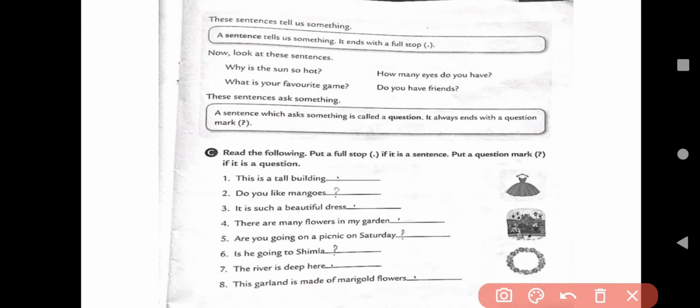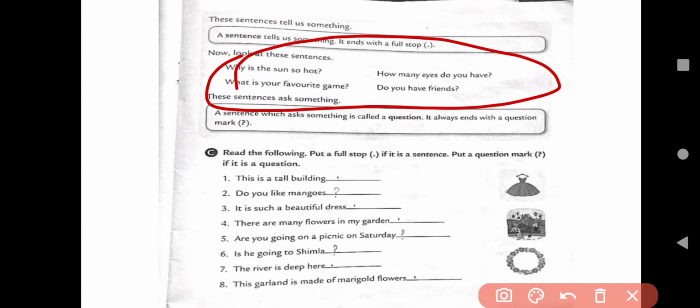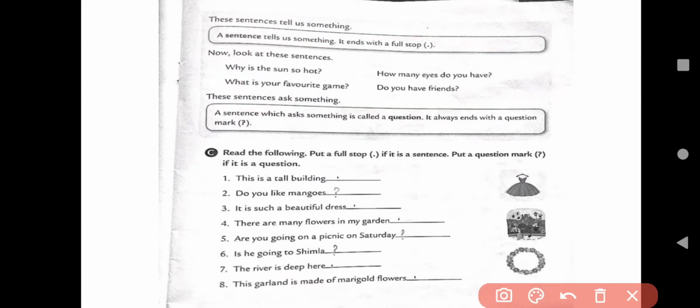How many eyes do you have? What is your favorite game? Do you have friends? So students, these sentences ask something. These are also sentences, but here they are asking something to us. So a sentence which asks something is called a question.